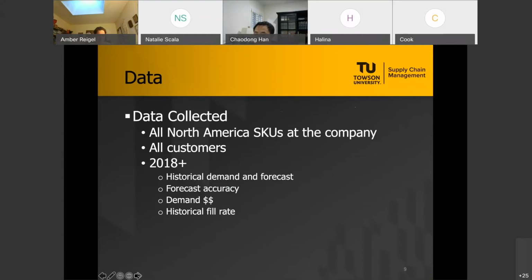I did this at a lag 3, which basically means it's the forecast from 2 months prior to the month starting, if that makes sense. So like an April forecast would have been what I was forecasting in April and the beginning of February. I collected the forecast accuracy for those time periods, the demand in dollars, and the historical fill rate, meaning how much did we actually ship to our customers.